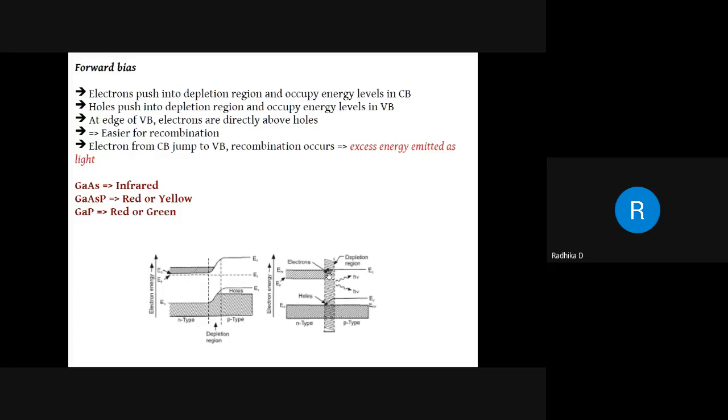That means some free electrons reach this edge of the conduction band in the depletion region, and there are some holes here in the valence band of the depletion region. Now, some free electrons will be directly above the holes. Now, what is going to happen in an LED?